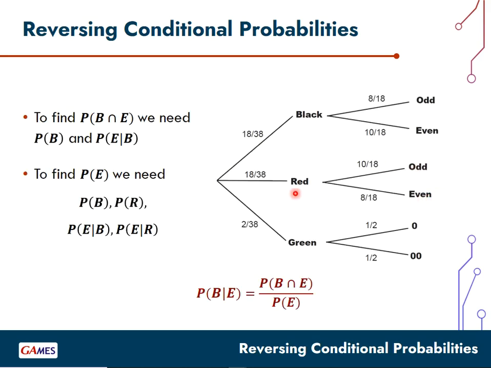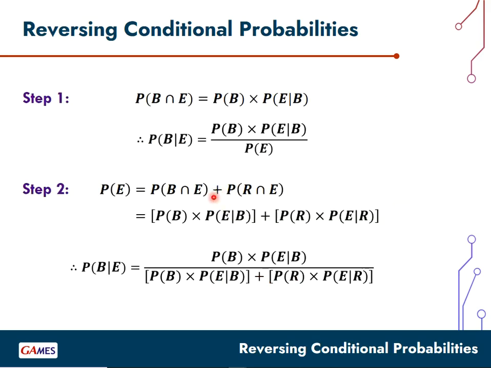So E occurred on this branch, E occurred on this branch. So what's the probability of this intersection of E and B, or the intersection of E and R? So that leads us to this addition here, which means or. We want to look at all the places where E occurred. And the only places where E occurred is where you have both black and even, or both red and even.